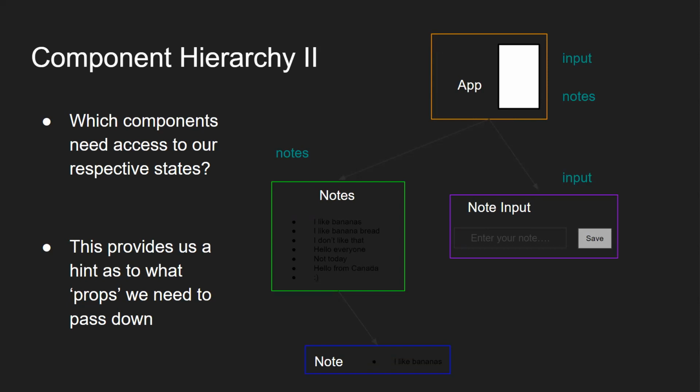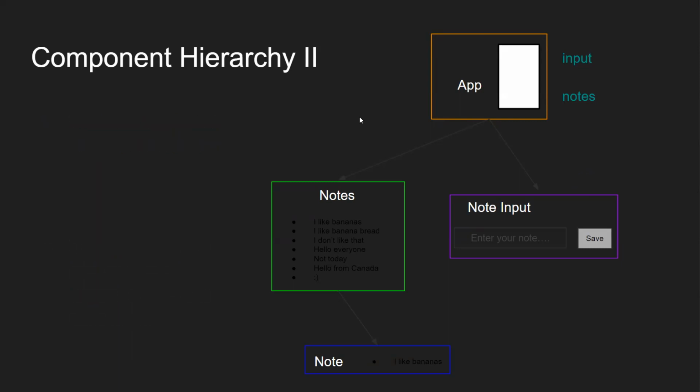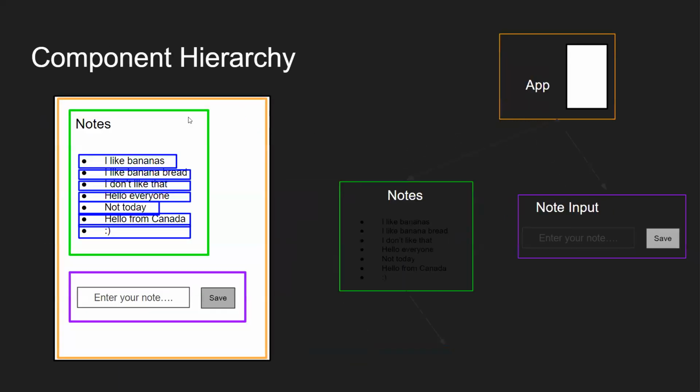Information sent from note input into notes child. Exactly, right. So remember from here, maybe if I can go back, this was just a useful analogy in terms of thinking about it.